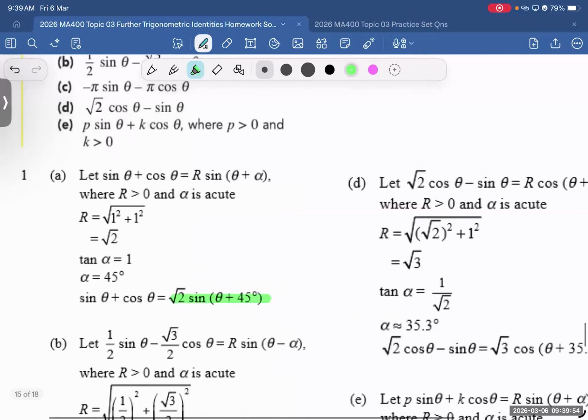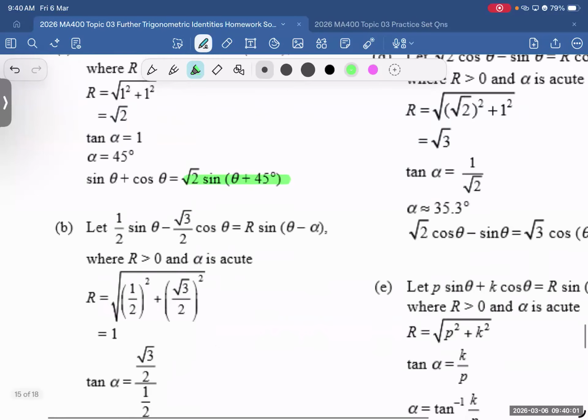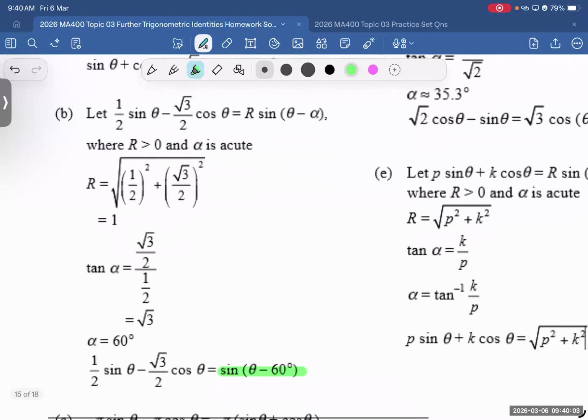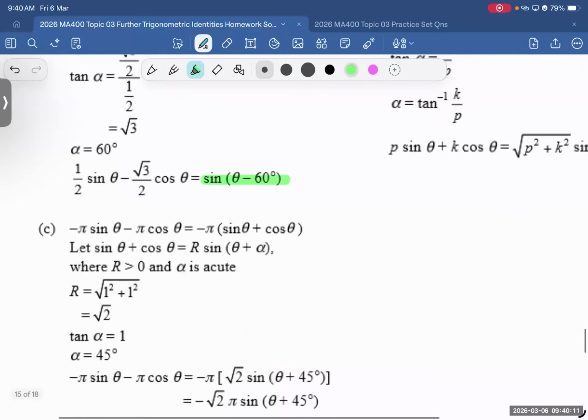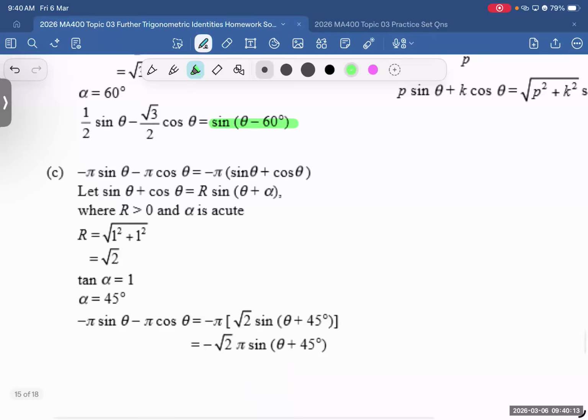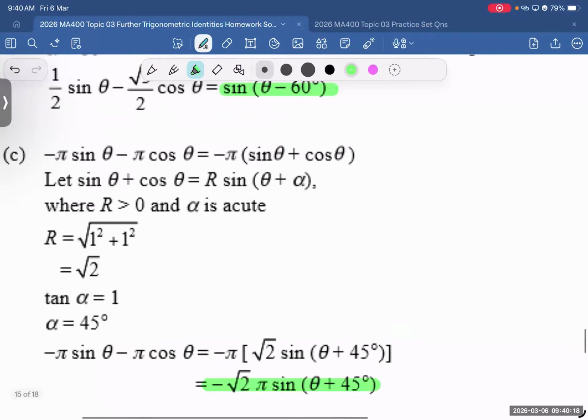A is here. Go down. B. Go down. C. Just know there's a negative sign. It's C, 0.